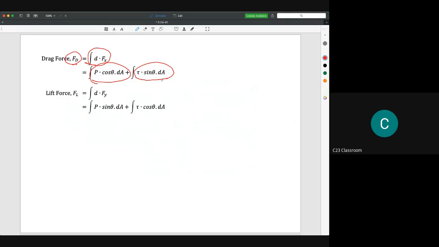And the lift force is the summation of force on the y-axis. Again, this is the force from the pressure, and this is the force from the shear stress. From this equation, we could easily say that the value of pressure P can be measured.